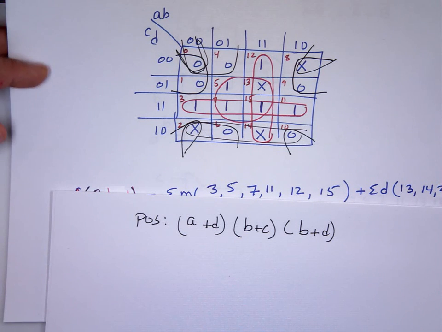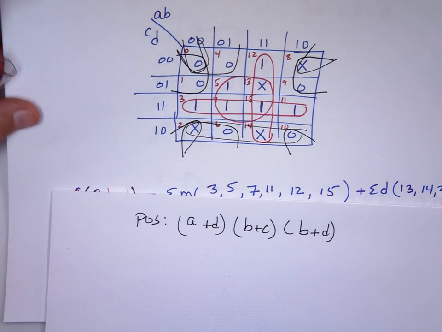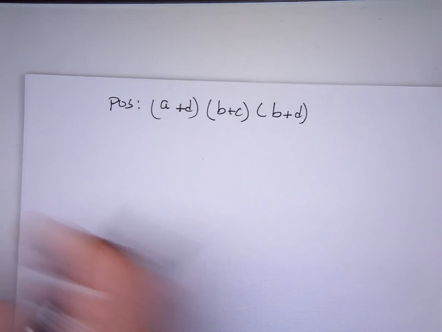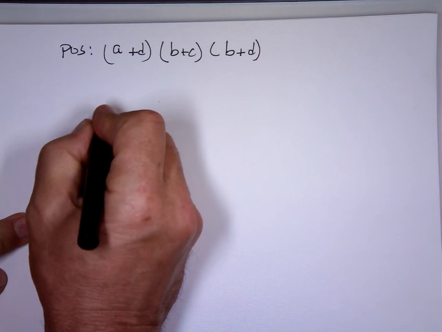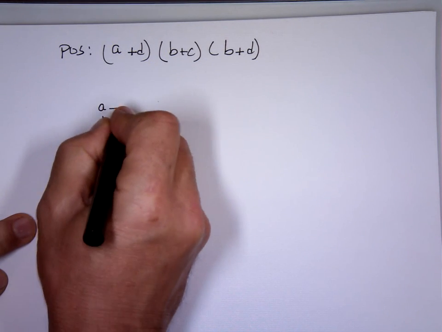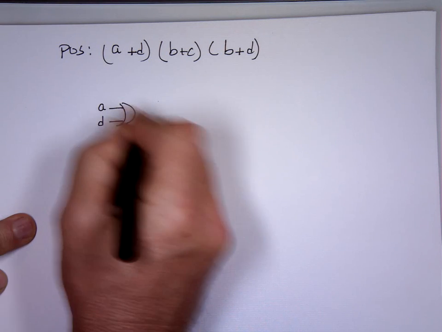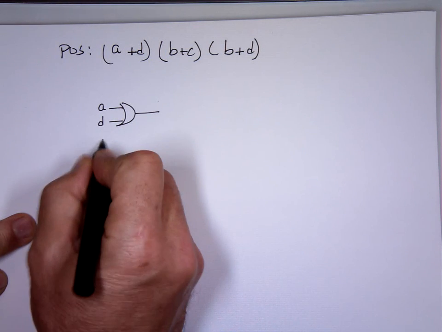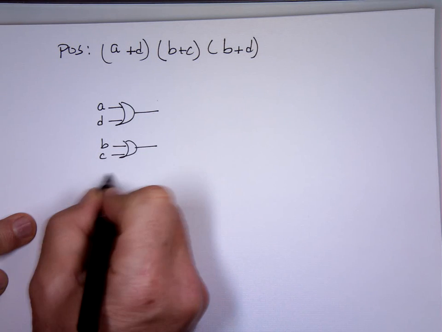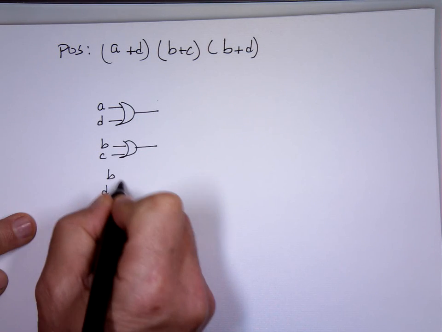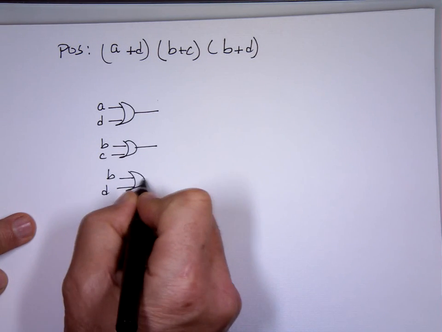Lucked out there. So again, if I want to design this using NOR gates only, because I said design this using NOR gates, well, we begin with OR gates. I was trying to avoid the NOT because I know that adds another chip to my design.